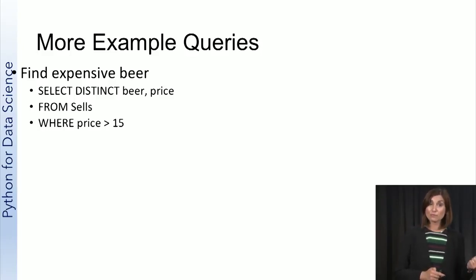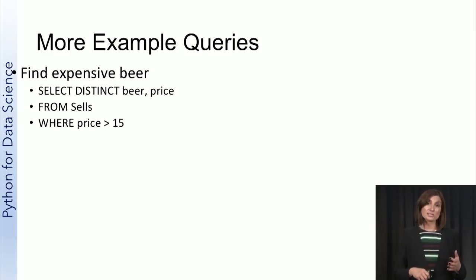From the schema, we know that price information is available from the table called sells. So the from clause should use sells in this case. The where clause is intuitive and specifies the price to be greater than 15.